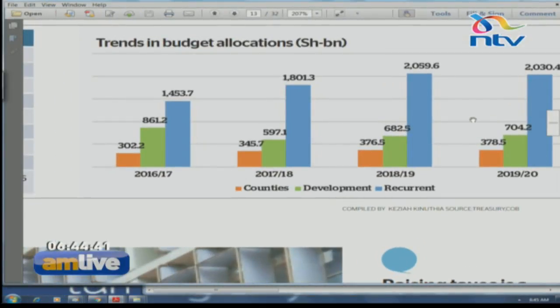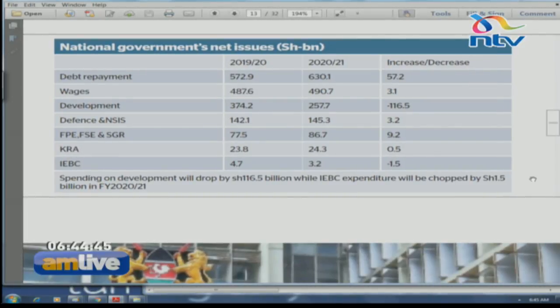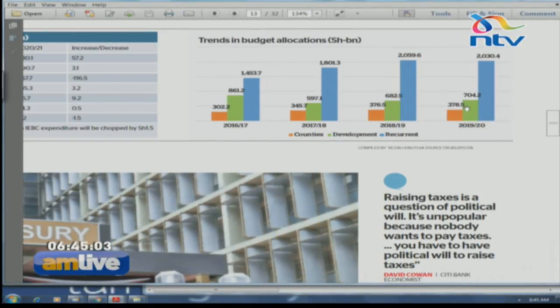That tells it all. Look how much we are allocating for recurrent. The graph says more. And when you look at the Nation headline, where Macharia is talking about a pay rise, that is going to go up again, and it's a concern.